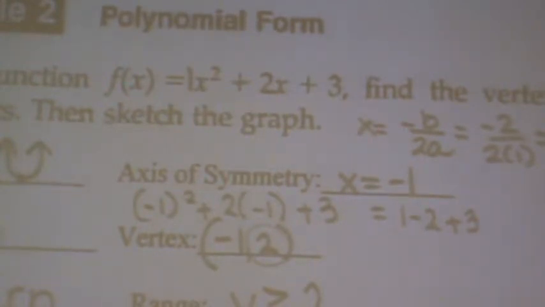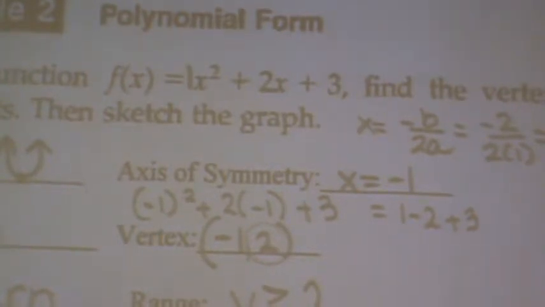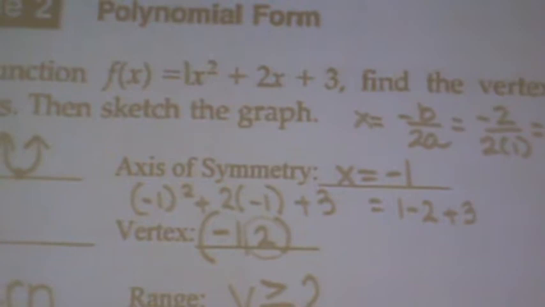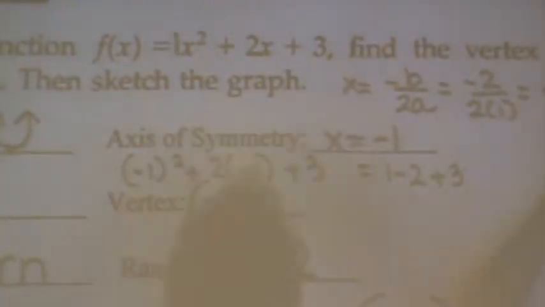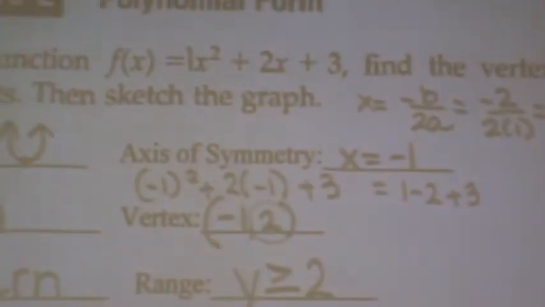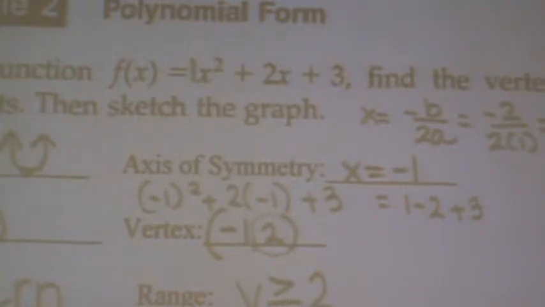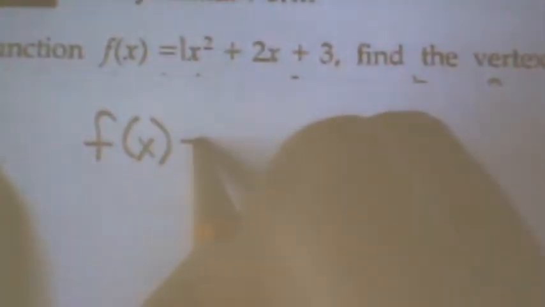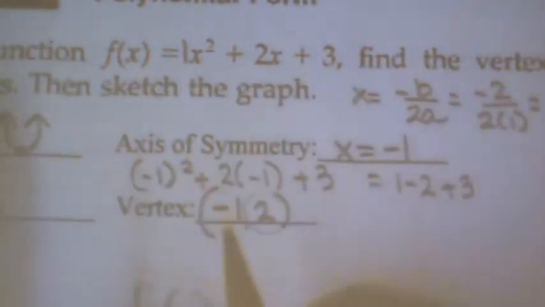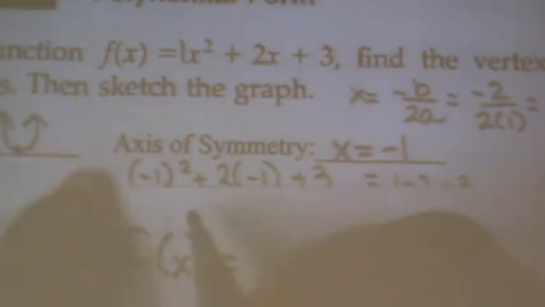Now, tomorrow what we're going to concentrate on is how you go from polynomial form to vertex form. But I bet you could figure this out. How would you change this to vertex form? What is the vertex for this problem? -1, 2.